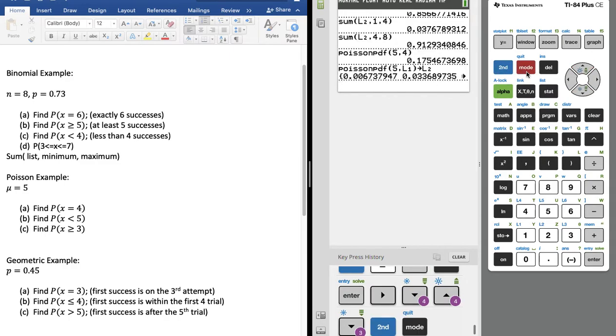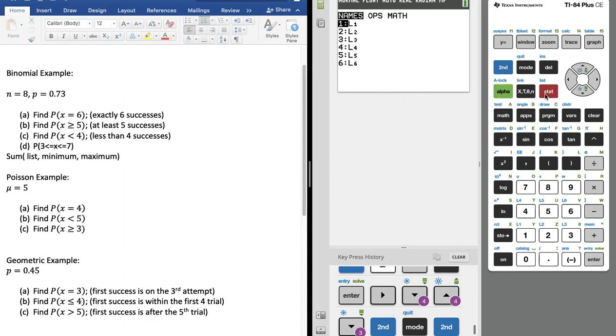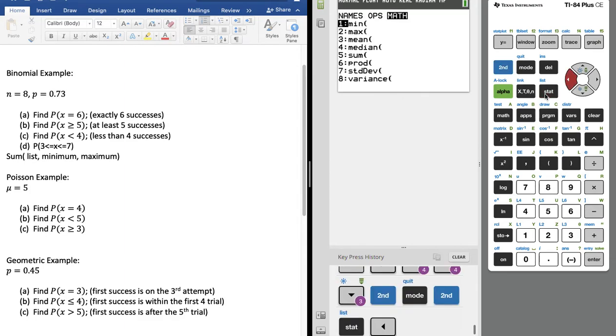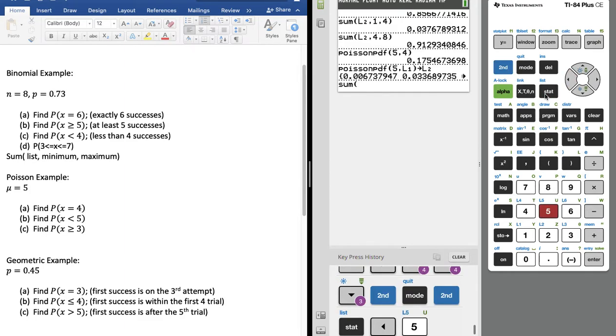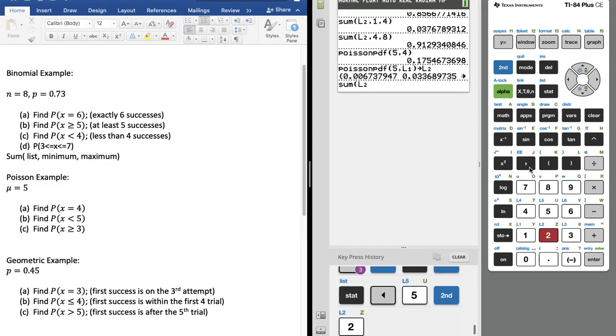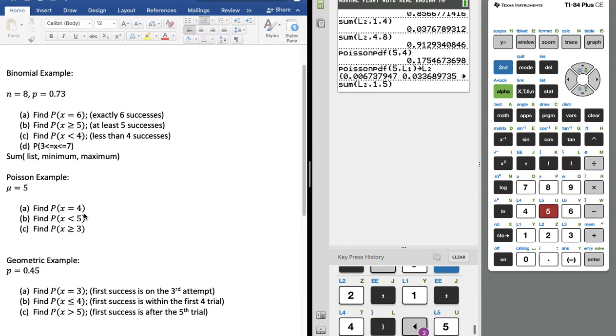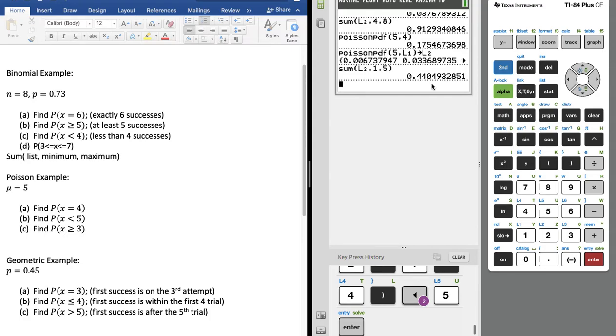But we can actually do the same trick that we did earlier, which is second stat over to math, down to sum, and we're adding up list 2. The minimum value is 0, which is on row 1. The maximum value is 4, which is on row 5. Enter. And so the probability of being less than 5 is about 44% chance.